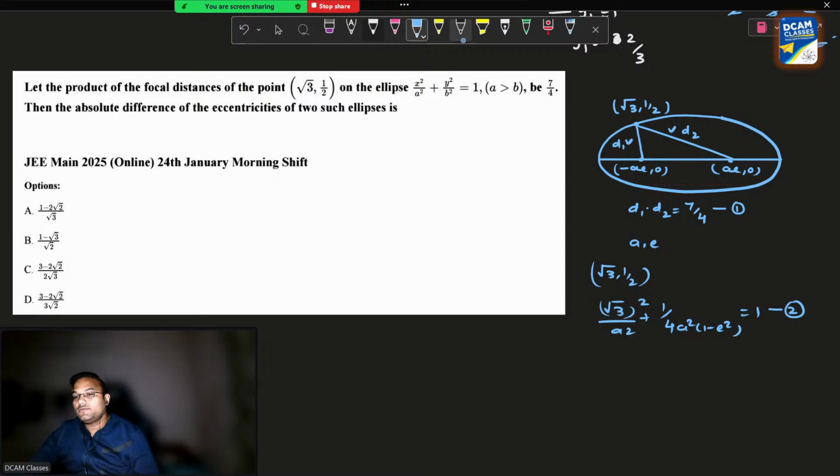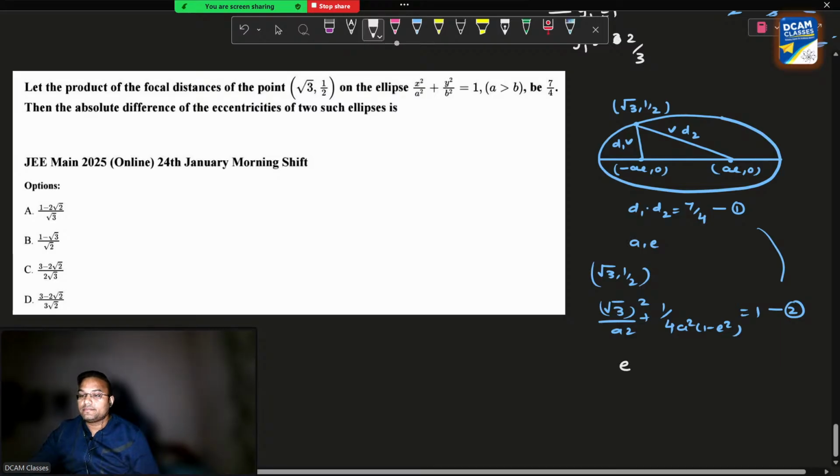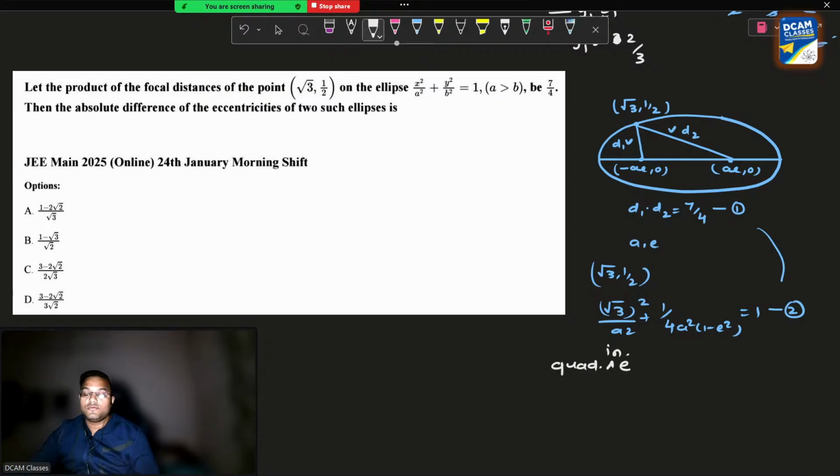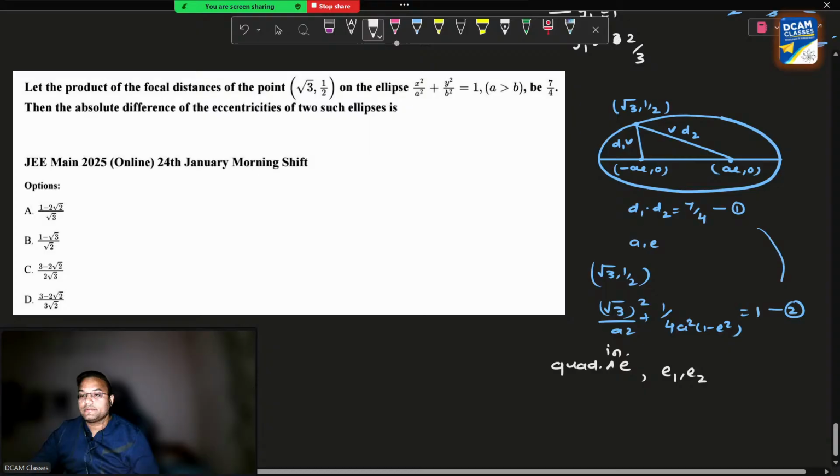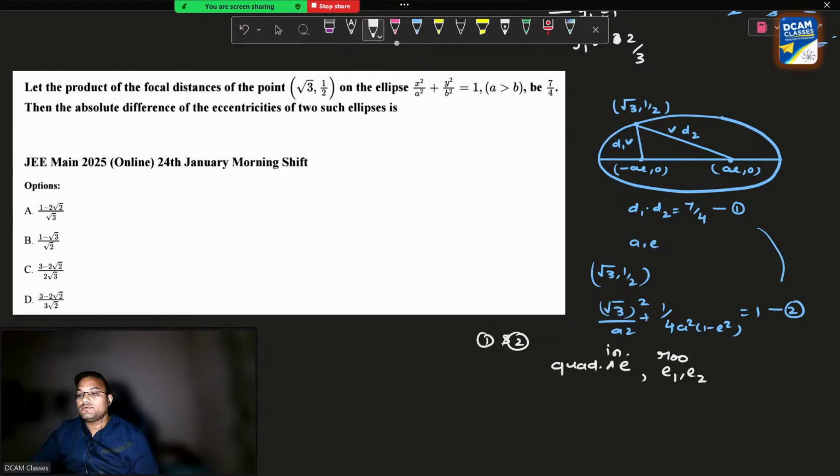When you solve 1 and 2, you will get a quadratic in e, whose roots are e1 and e2. Now they are asking e1 minus e2.